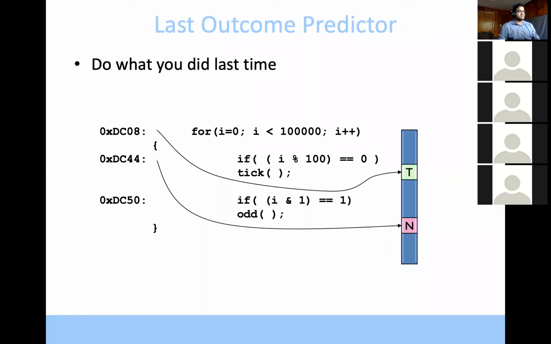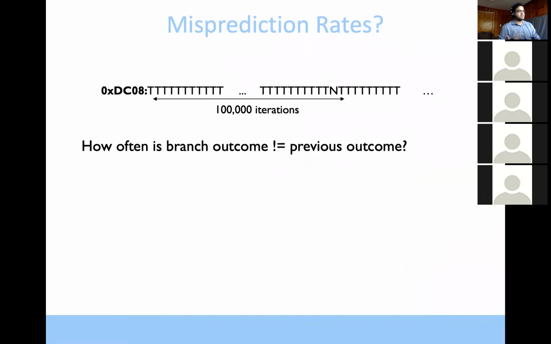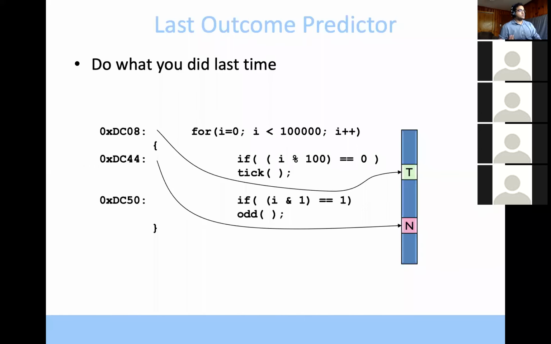So if you had a loop like this, what would you do with the first? How would you be able to predict the first one? What kind of hardware structure would you use to predict taken or not taken in the first case?